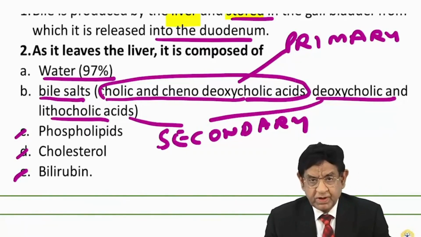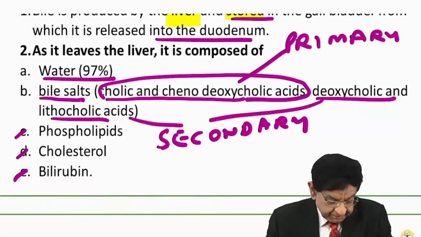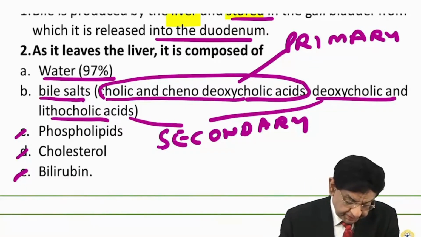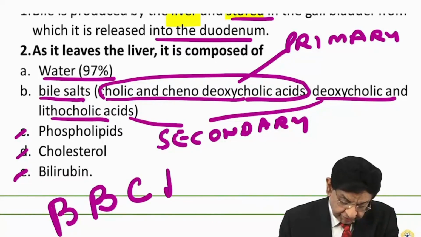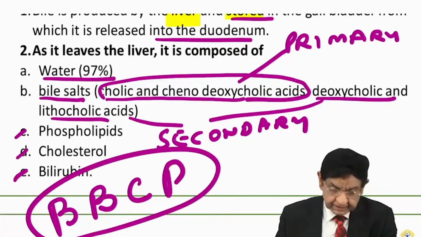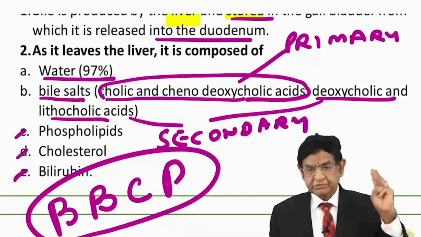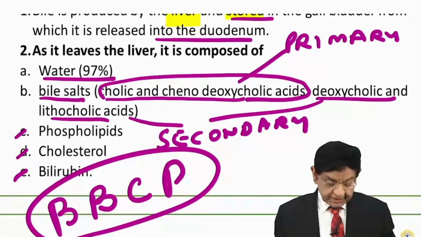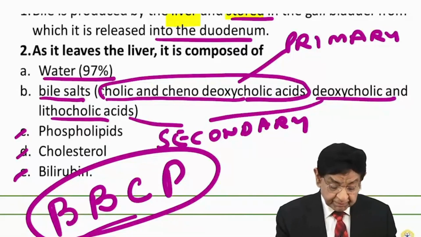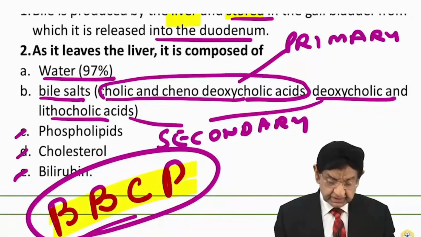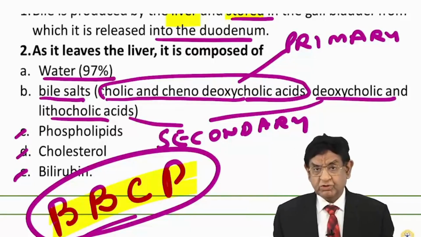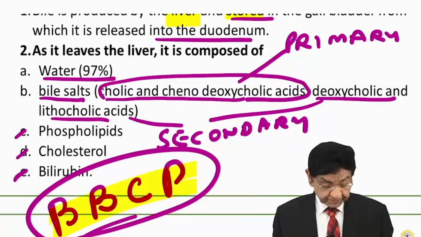So primarily it is water, but after that bile salt, bilirubin, cholesterol, and phospholipid. These four things constitute only about 3%. So the carry-home keyword to remember is BB, CP: bile salt, bilirubin, cholesterol, and phospholipids.